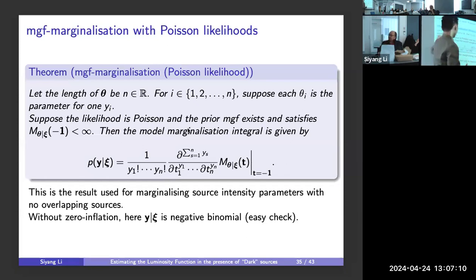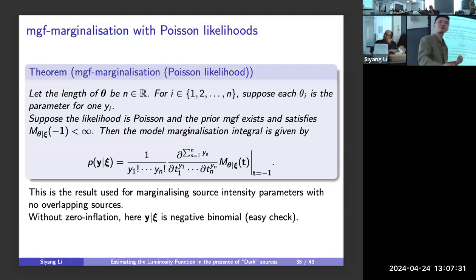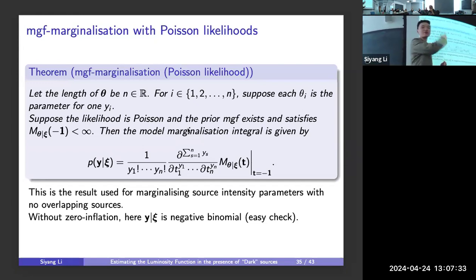Then this theorem is going to give us how we can derive the analytical form of the model marginalization integral using the moment generating function. And this is the theorem that we used to do the marginalization of the source intensity parameters in our previous astrophysical example.